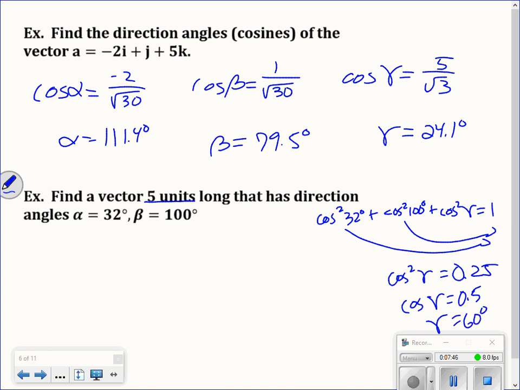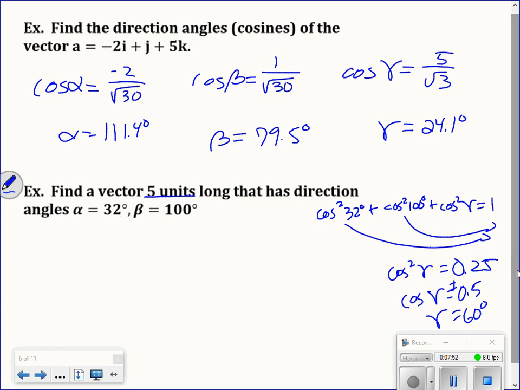Okay, so remember, when I did the square root, this is really plus or minus. So that means the cosine was 0.5 and the cosine was negative 0.5. Since I'm going up and down, that means I was either up 60 degrees or down 60 degrees, because the cosine was positive or negative.